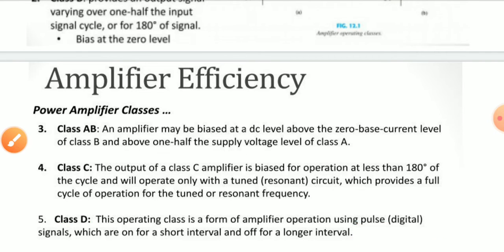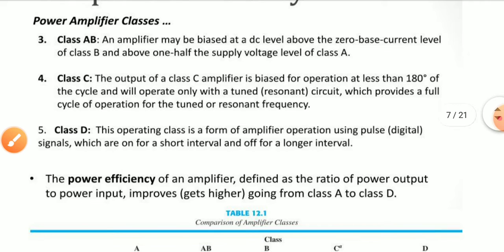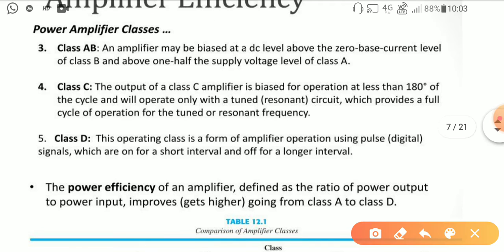The operating class is a form of amplifier operation using pulse signals which are on for short intervals and off for a longer interval. Now we discuss the power efficiency.